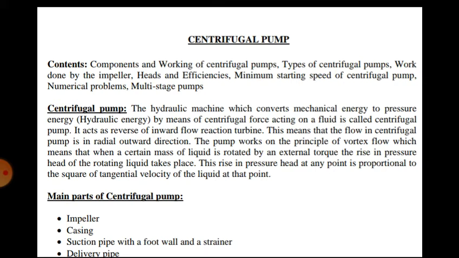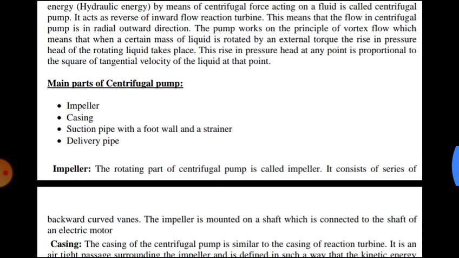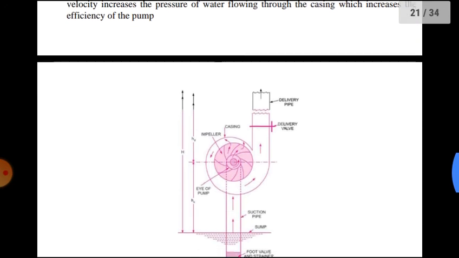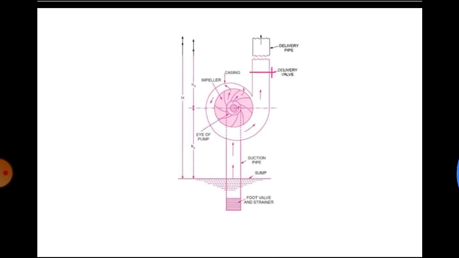So, a general pumping system. I will show you a general example of a pumping system. This is the schematic diagram. See, this is the bottom reservoir, at lower pressure, and this is the higher elevation.